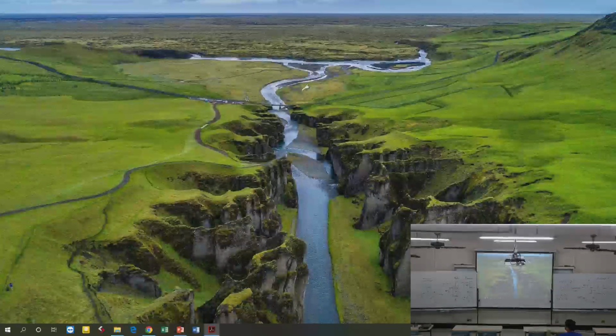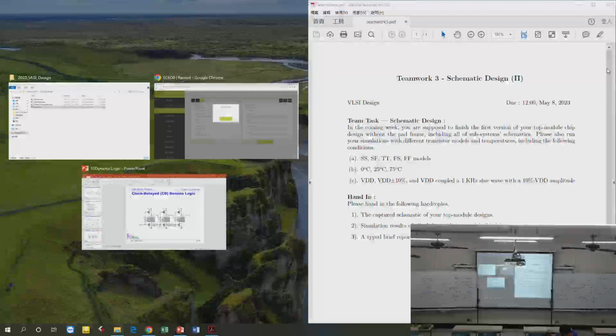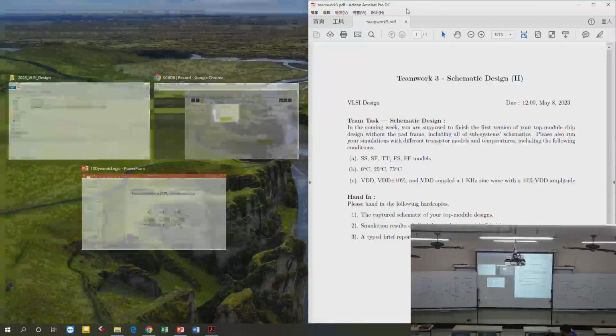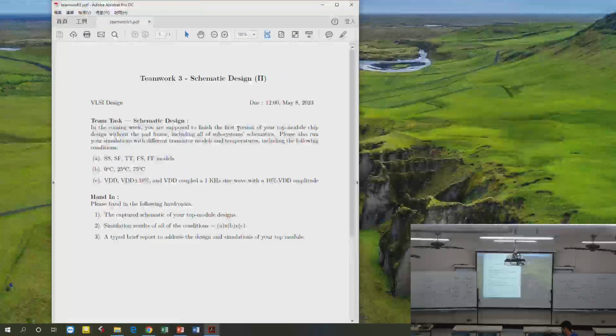So this is teamwork, if you want to stay with me for the rest of your study over here. So in the coming week, let me repeat again. You cannot finish your chip design project in 1 week. That's impossible. It's better for you to do it gradually, step by step.